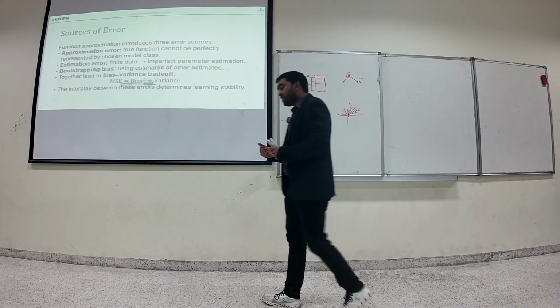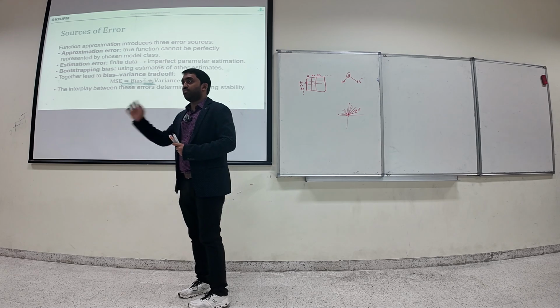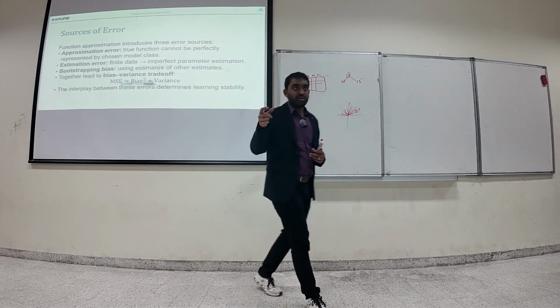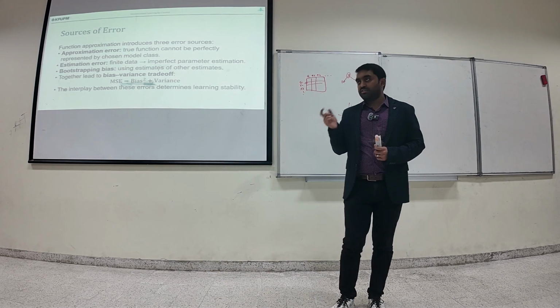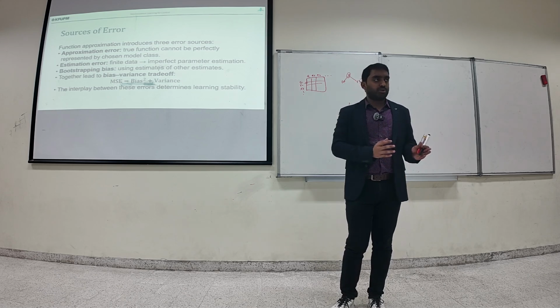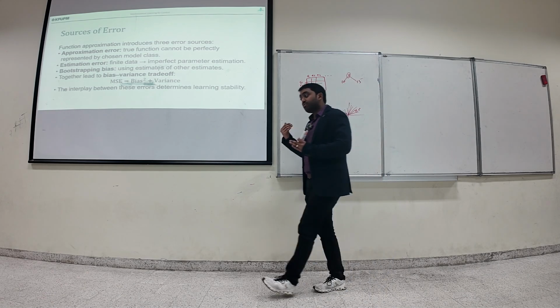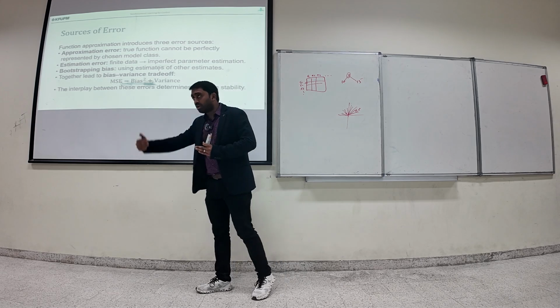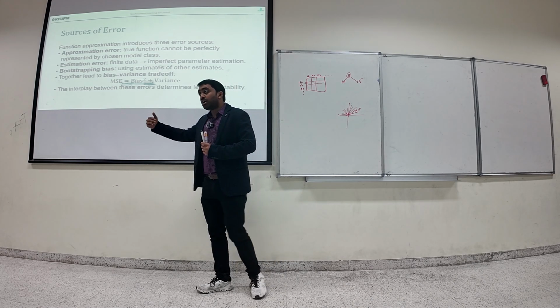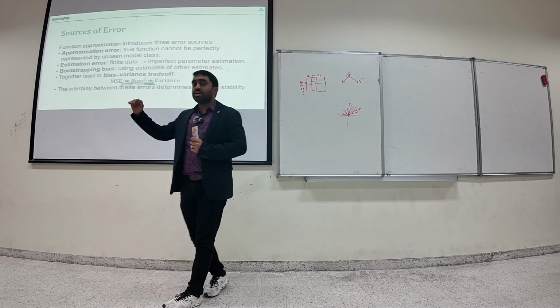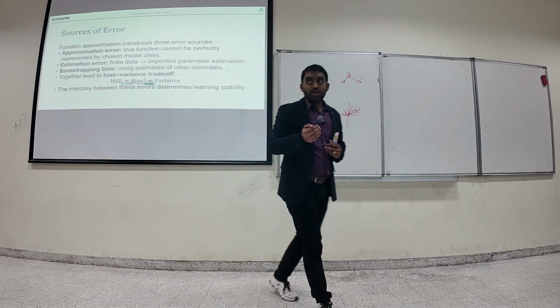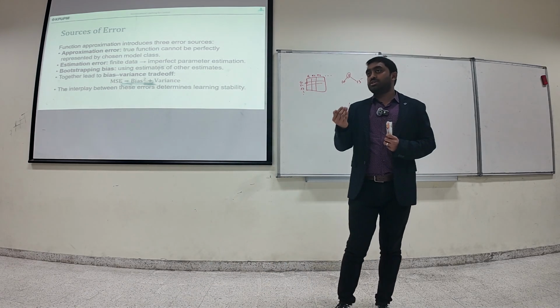What are we doing here? We are approximating the value functions, either the Q values or the state values, the V functions. We are approximating both of these values. When we approximate using a neural network, we might not get the exact or accurate value. Why? Because of the neural network structure itself.